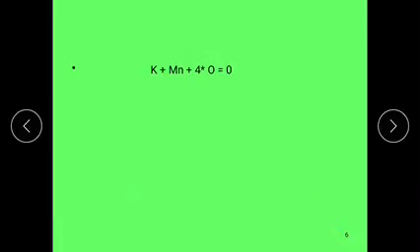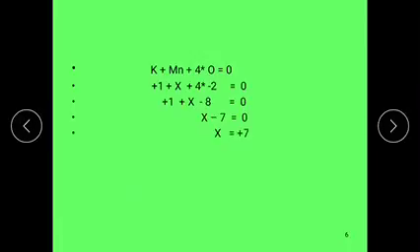That is potassium plus manganese plus 4 into oxygen equals 0. Plus 1 plus x plus 4 into minus 2 equals 0. Then 1 plus x minus 8 equals 0, then x minus 7 equals 0, then x equals plus 7.